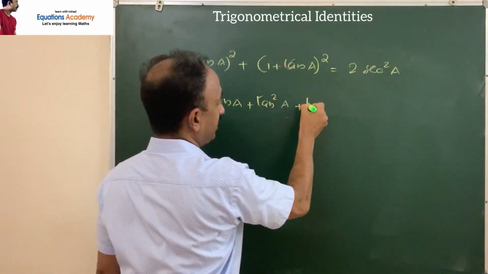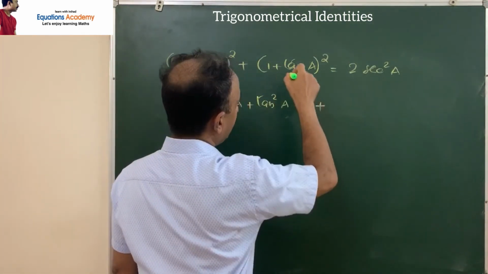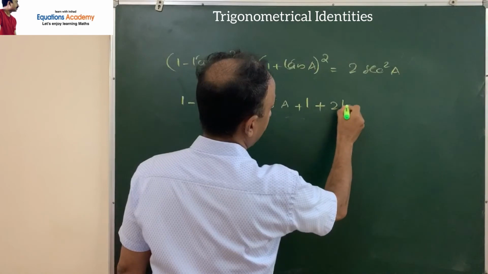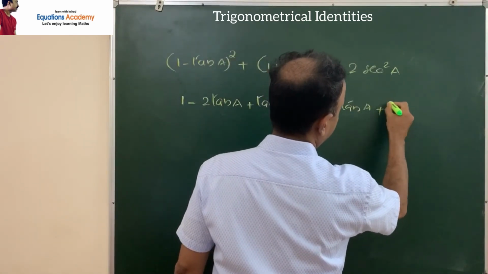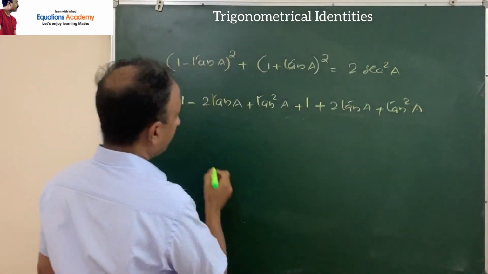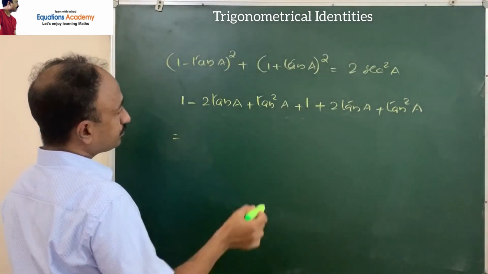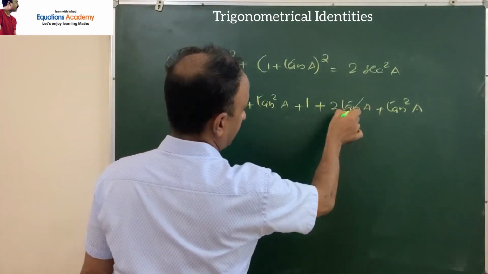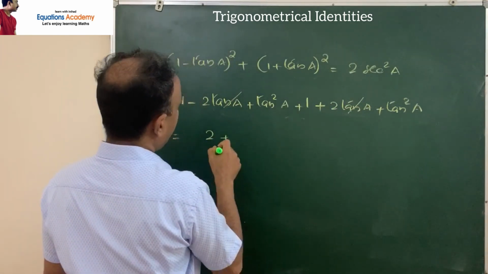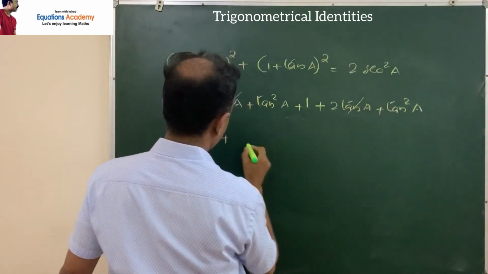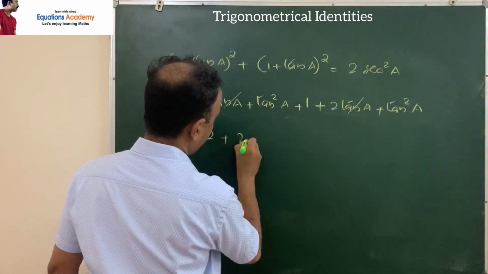A square is 1, then 2 into 1 into tan A, it is 2 tan A, plus B square, it is tan square A. This is equal to minus 2 tan A plus 2 tan A get cancelled, 1 plus 1, it is 2, plus tan square A plus tan square A, equal to 2 tan square A.